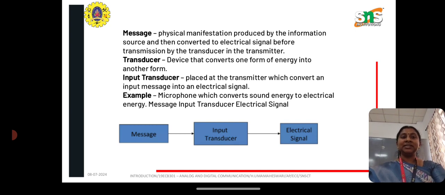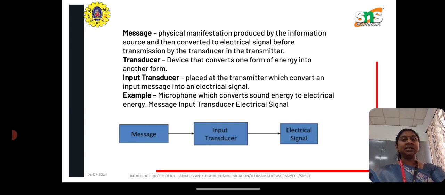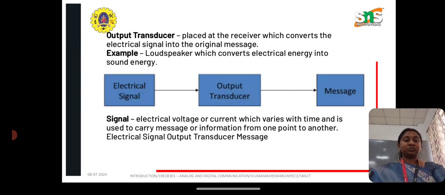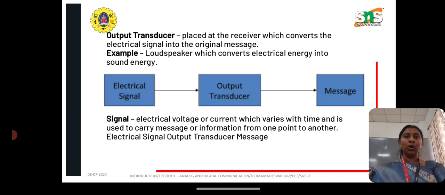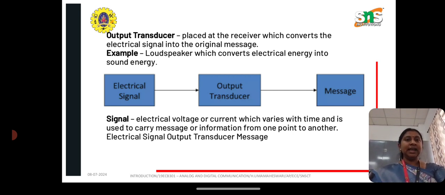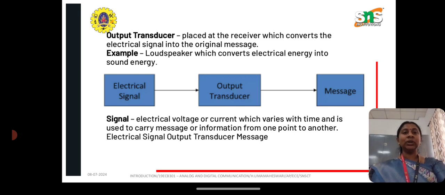The input transducer converts an input message into an electrical signal, where a microphone converts sound energy to electrical energy. This is a message input transducer. The output transducer is placed at the receiver and converts the electrical signal into the original message. Example: a loudspeaker, which converts electrical energy into sound energy.